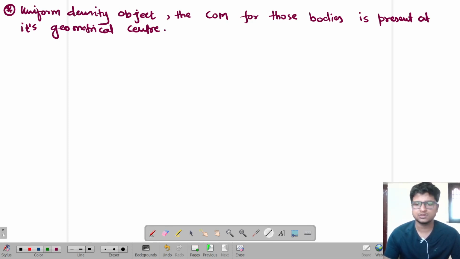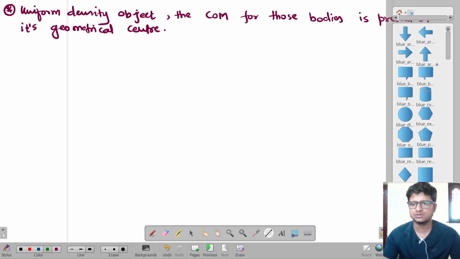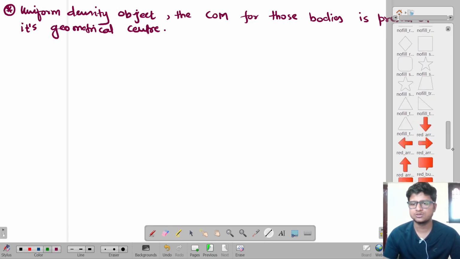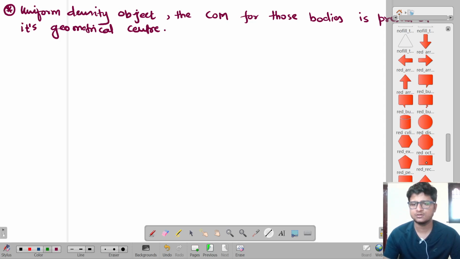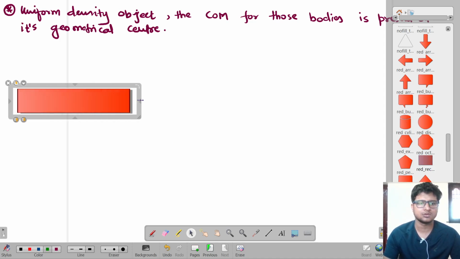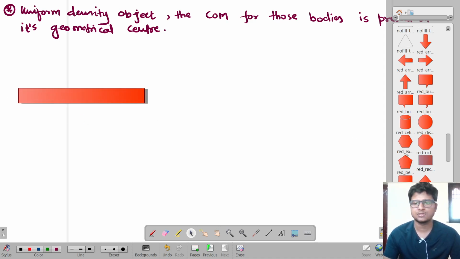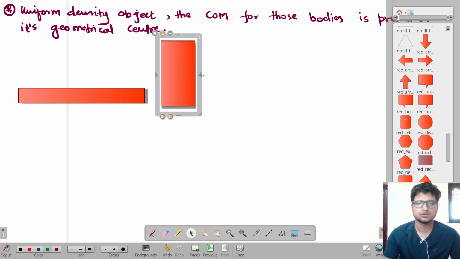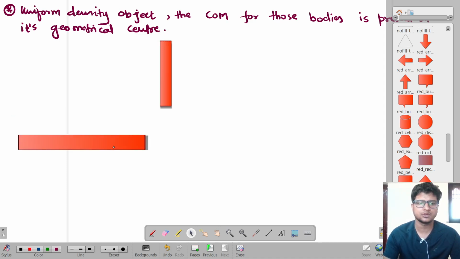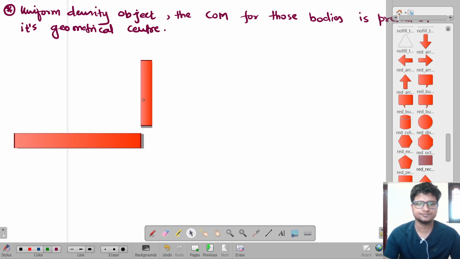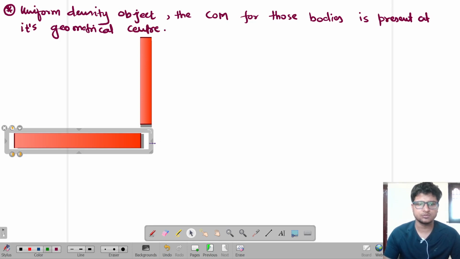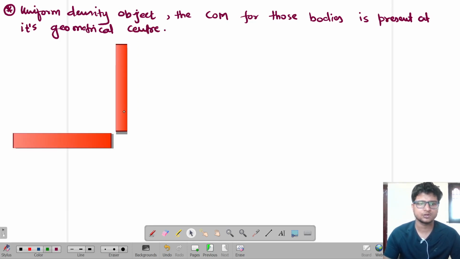Let's suppose there are two rods. One horizontal and one vertical. Right or not? Let's suppose the length of both of them is same. Got it?